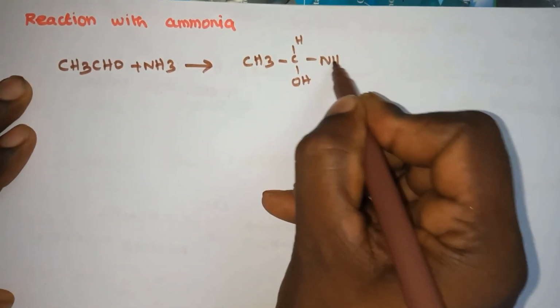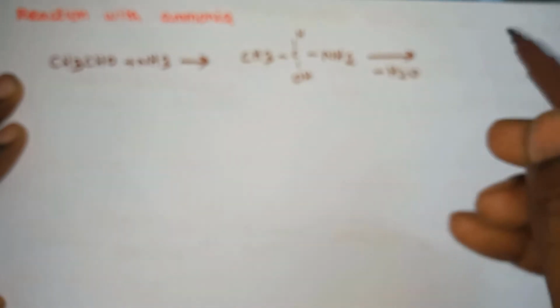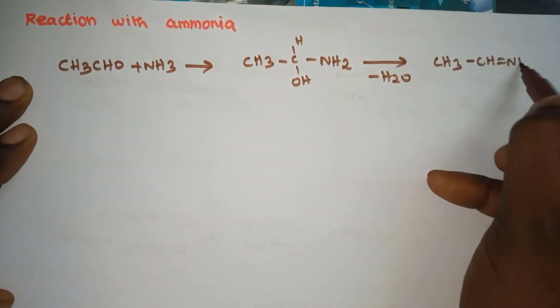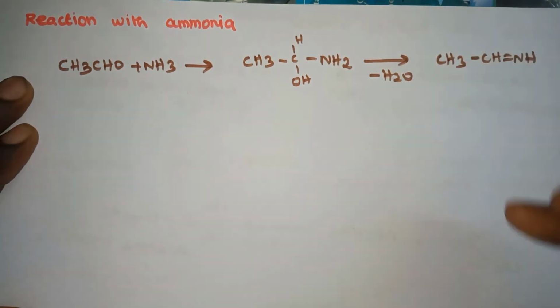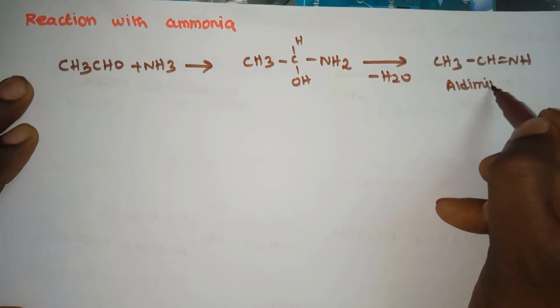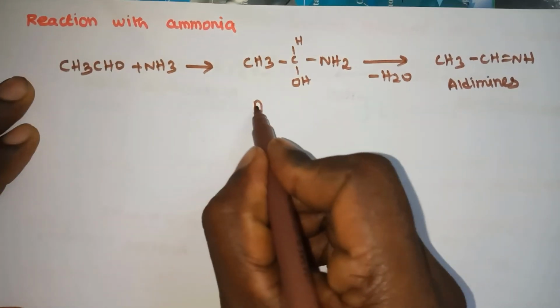Name of this compound is acetaldehyde ammonia. On water elimination it forms an aldimine, CH3CH double bond NH. Name of this compound is aldimine.